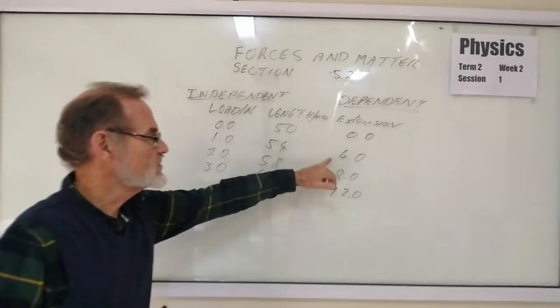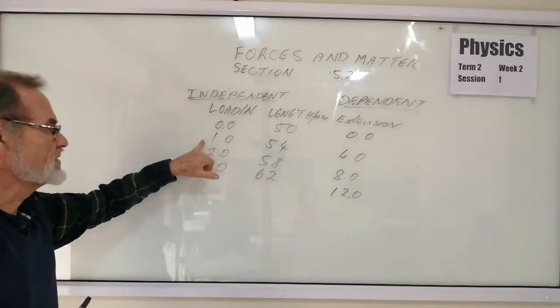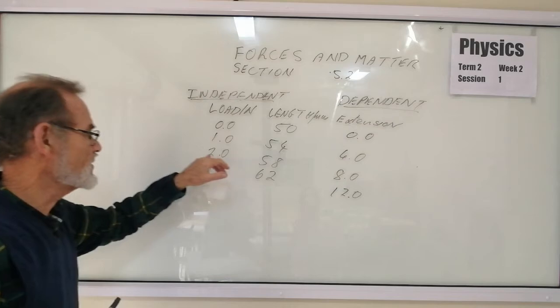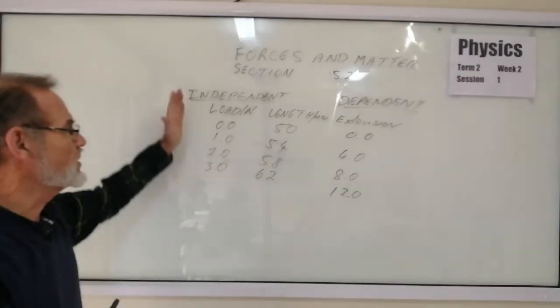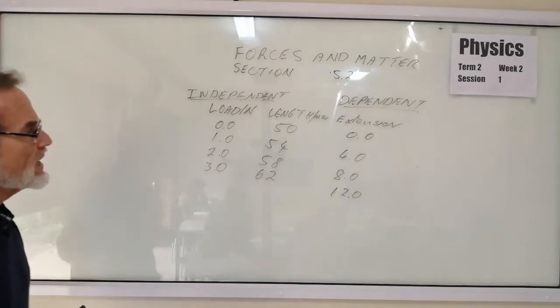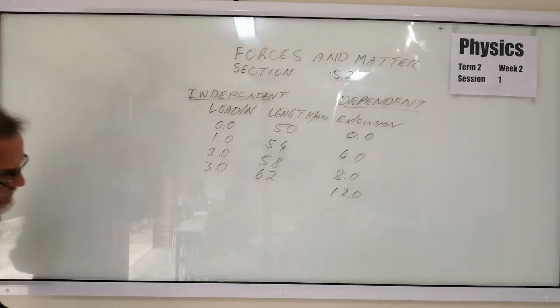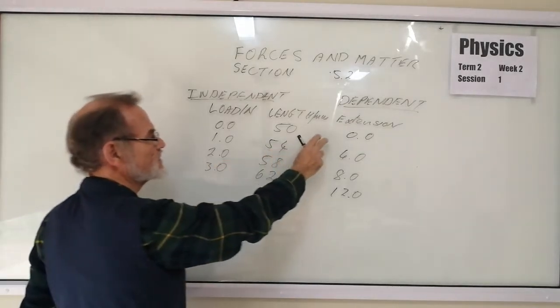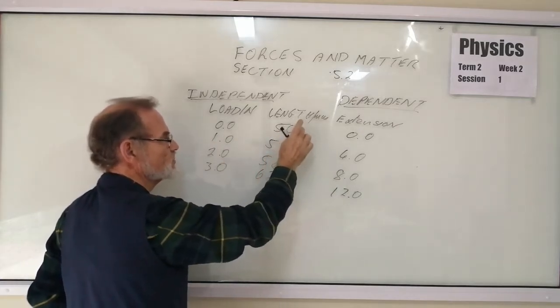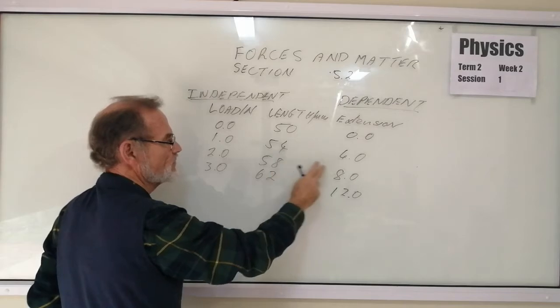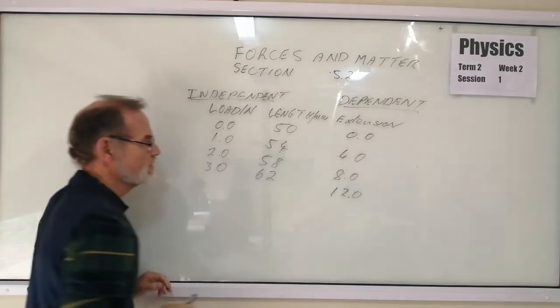So this depends on that. So whatever the extension is depends on the load. And every time when you work out the extension, you subtract the original length from the new length to get the extension. Okay?